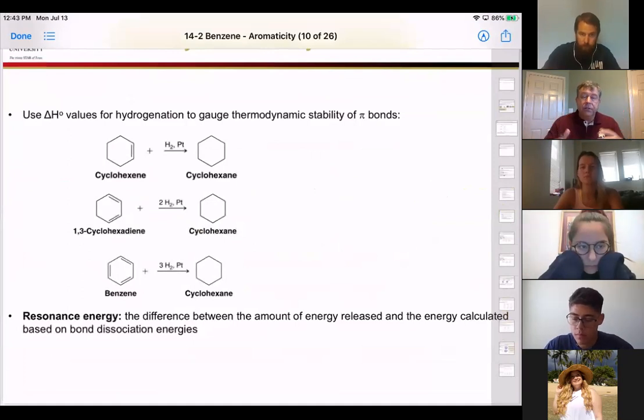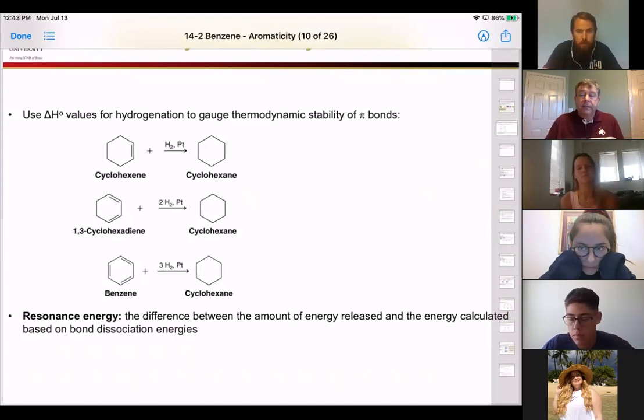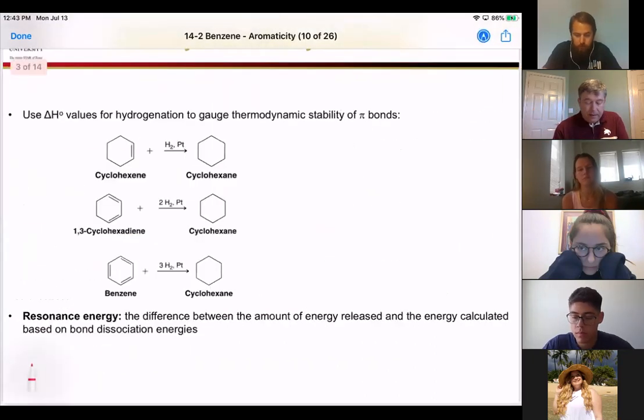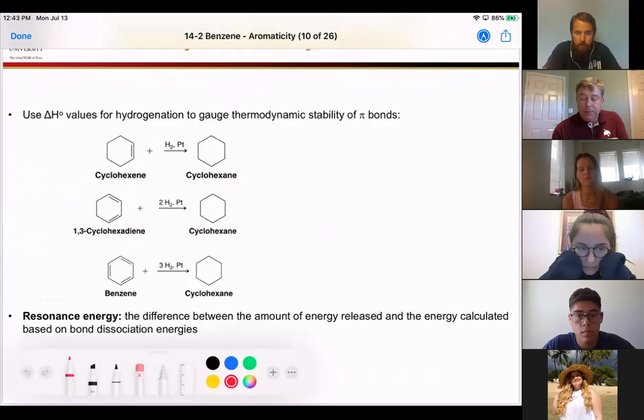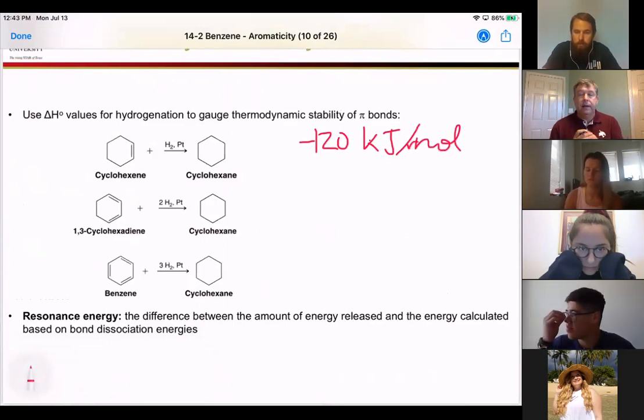And when they first started studying these alkanes, our degree of unsaturation was based on how many equivalents of hydrogen you could add to the system, okay? So in the case of cyclohexene, when they measured how much heat it gave out during this hydrogenation here, they figured out that it would generate approximately 120 kilojoules per mole of heat, okay?